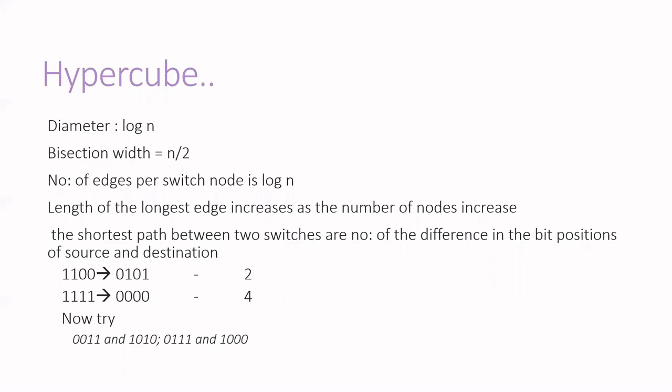Let's see 1100 as the source and 0101 as the destination. You can see that at the first and the last position, the bits differ. And you can also find that the number of edges from 1100 to 0101 is a maximum of 2.